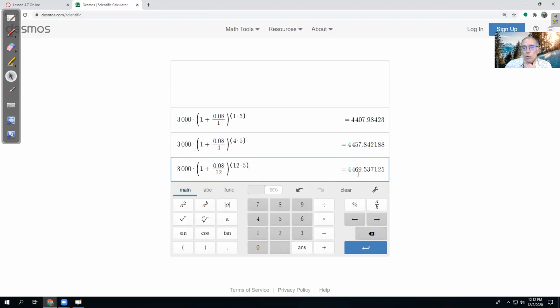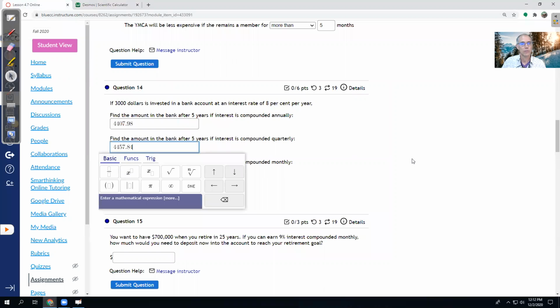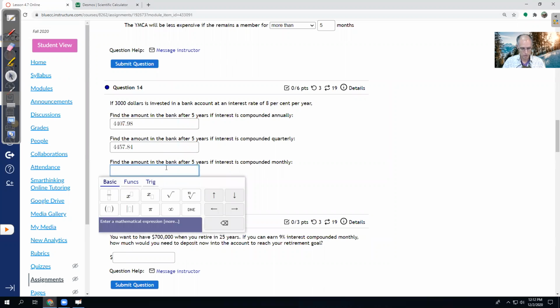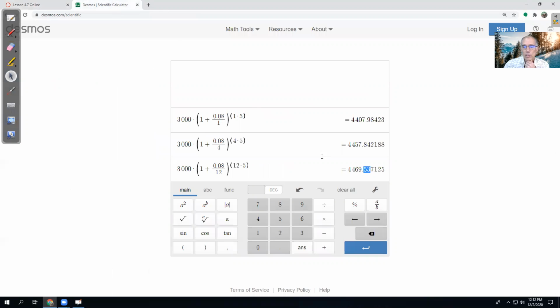So I'm ending up with $4,469.54 is how I would round that. Again, make sure that you can get a similar value on your calculator. Make sure we typed it right and rounded correctly, so always double check.